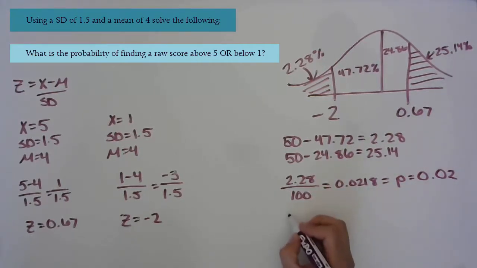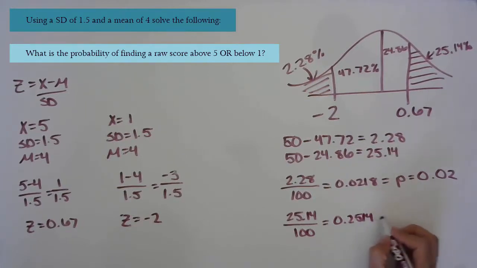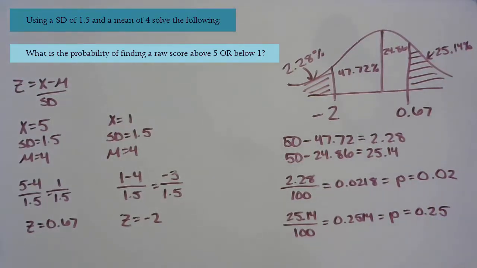Okay, and then for the second one, we have 25.14% divided by 100. That is going to give us 0.2514. That is going to give us a probability of 0.25.